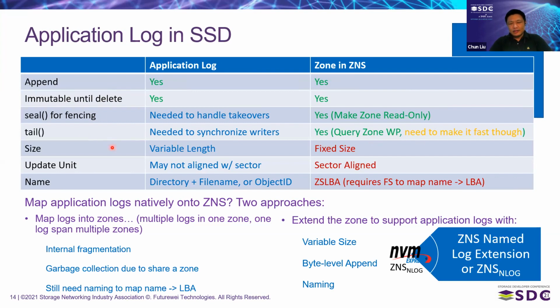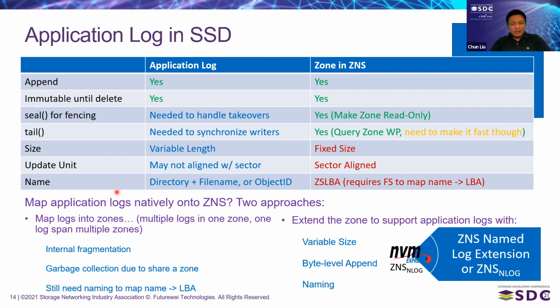As you can see here, ZNS already has most of the properties to map application logs, but there are a couple of missing pieces. The application log has a variable size, while each zone has a fixed size. And also the application log update may not align with sectors, but the update in a zone has to be sector aligned.